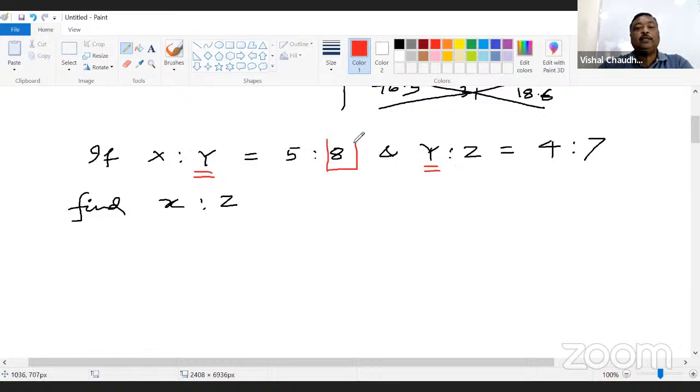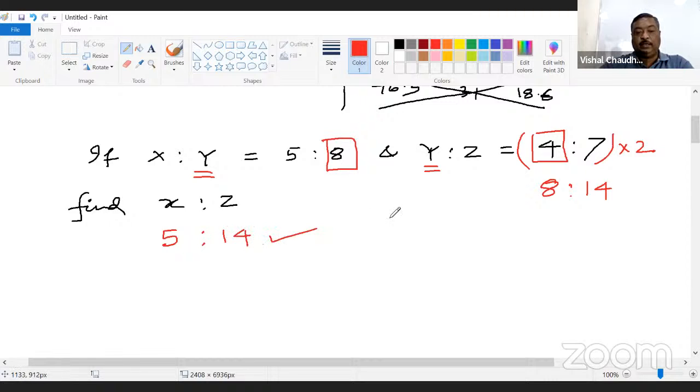Here I have y as value 8. Here I have y as value 4. What we can do? We can make 4 into 8 by multiplying it by 2. So we multiply this ratio by 2 and it will become 8 is to 14. Now we have y the same in both places. Here we have 8, here we have 8. So x is to z will be 5 is to 14.